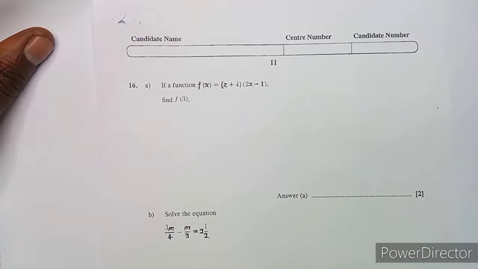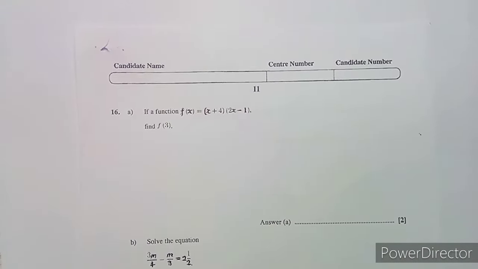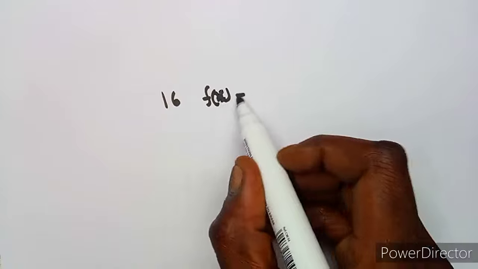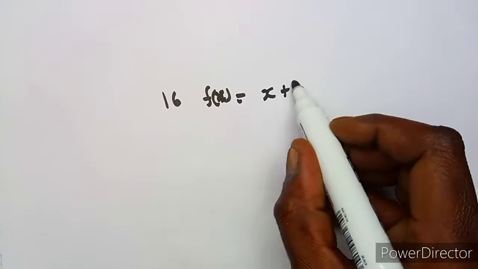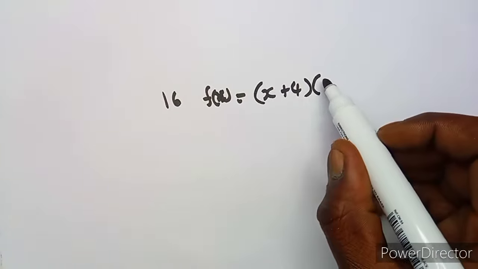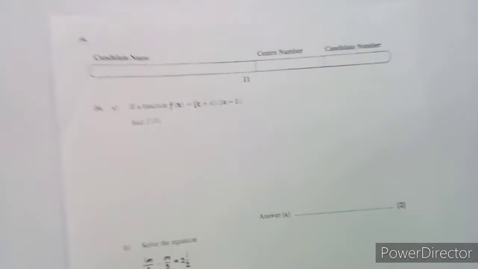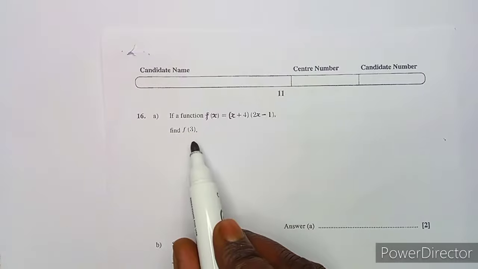So let's see question number 16, which is a function. There we are given the function f of x. Let me just write it down here: f of x is equivalent to x plus 4 into 2x minus 1. So the first question is to find f of 3.